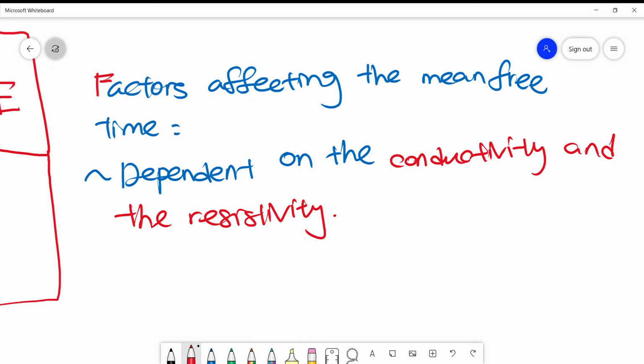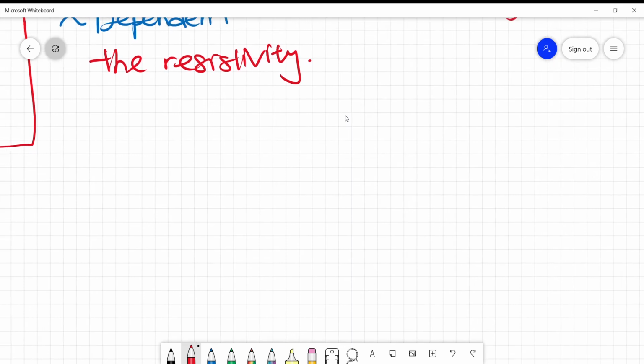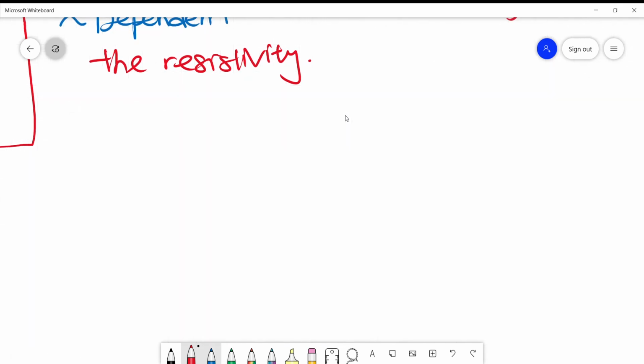So the factors affecting the mean free time are conductivity and resistivity. How can they affect the mean free time? Let's move on to the first part. The first factor affecting the mean free time is the temperature.